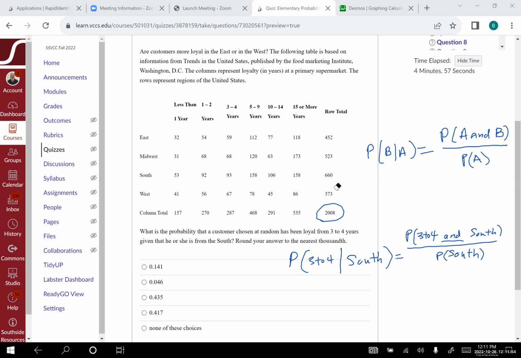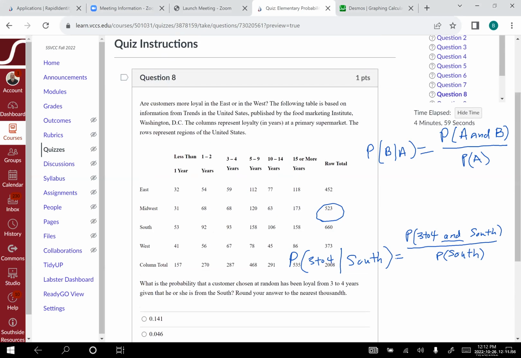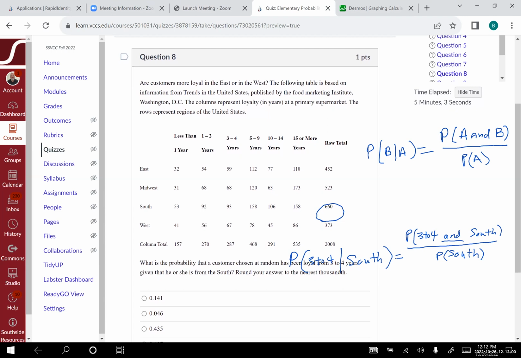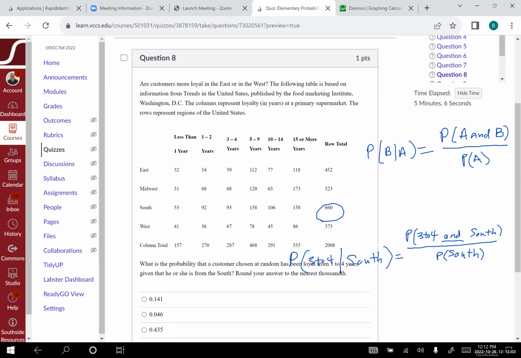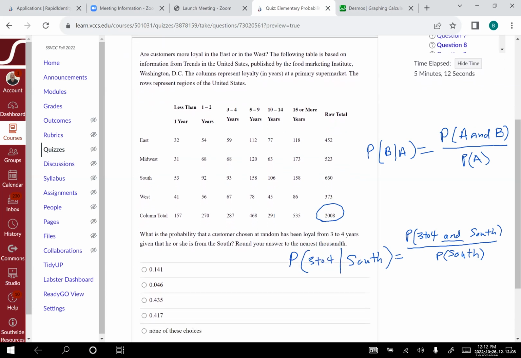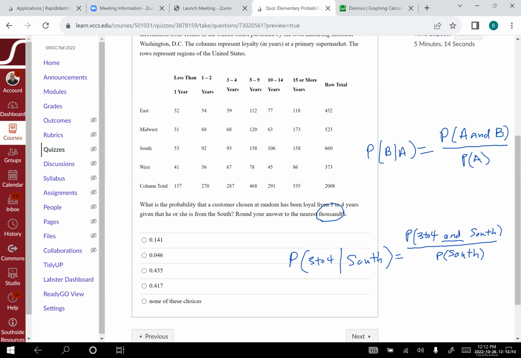We need to know the probability. What does that 3 to 4 stand for? Customers are loyal. The following table is based on published institute. Loyalty in years at a primary supermarket. So how many years they were loyal to a specific supermarket? So how many people were both loyal 3 to 4 years to a supermarket and from the South? 93. Very good, Valerie.